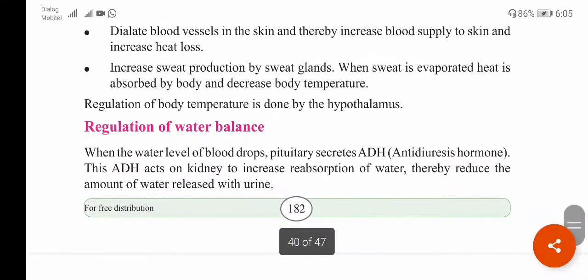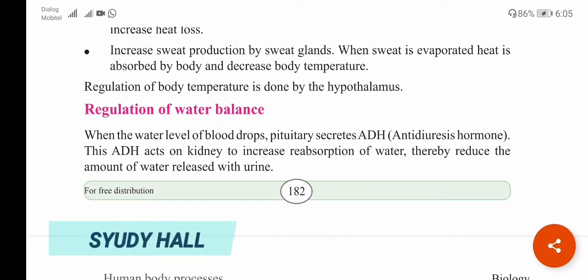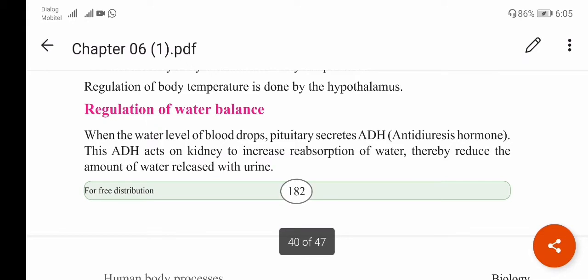Let's check the regulation of water balance. Normally, when the amount of water in the blood reduces, the pituitary gland in the brain secretes the antidiuretic hormone, ADH. This ADH acts on the kidney to increase the reabsorption of water.